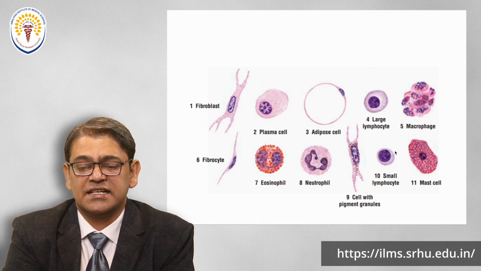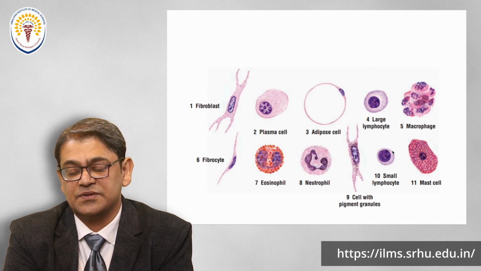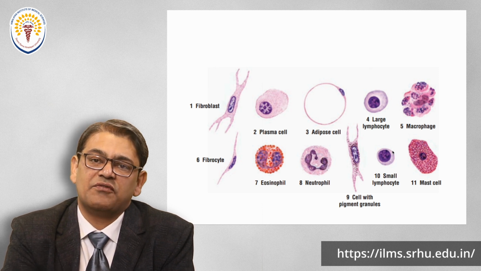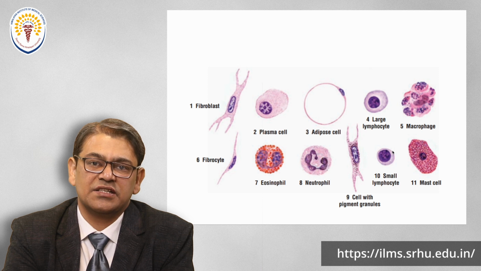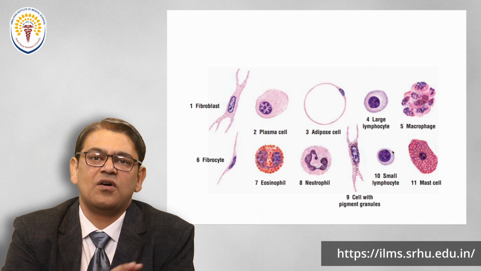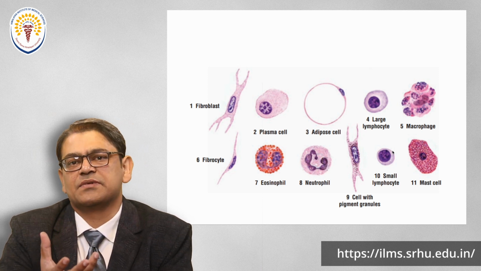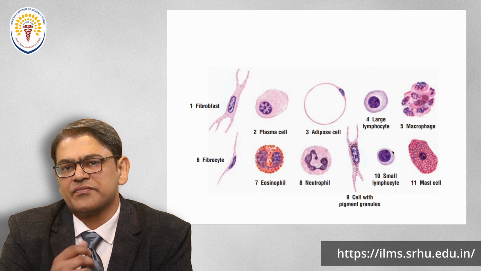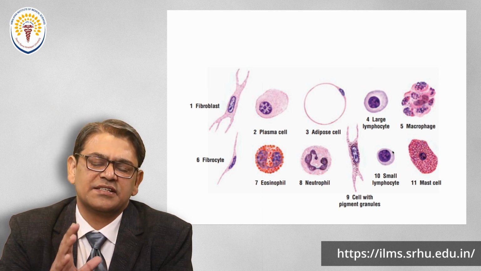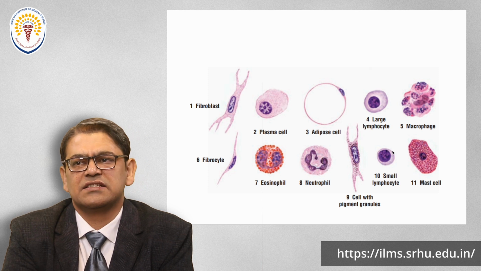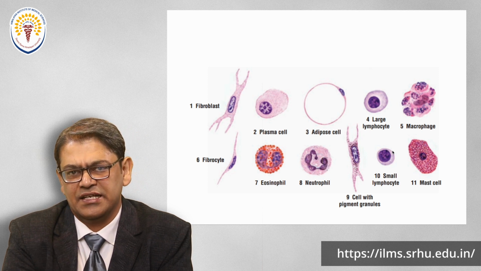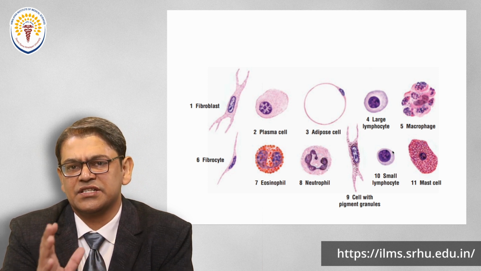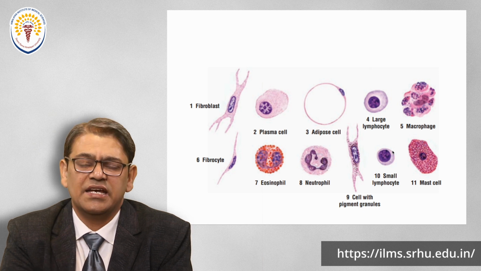So these are the cells which are chiefly present in connective tissue. Fibers we have already discussed: white collagen and yellow elastin fibers. All these complex structures are present in connective tissue. Remember, in one section it is not possible to visualize this whole spectrum of cells in one area. Also, their composition changes area-wise.